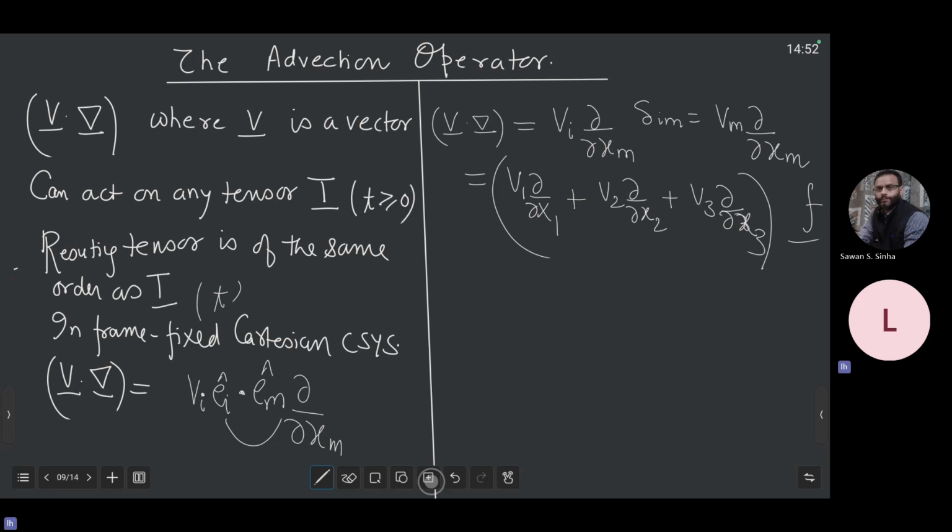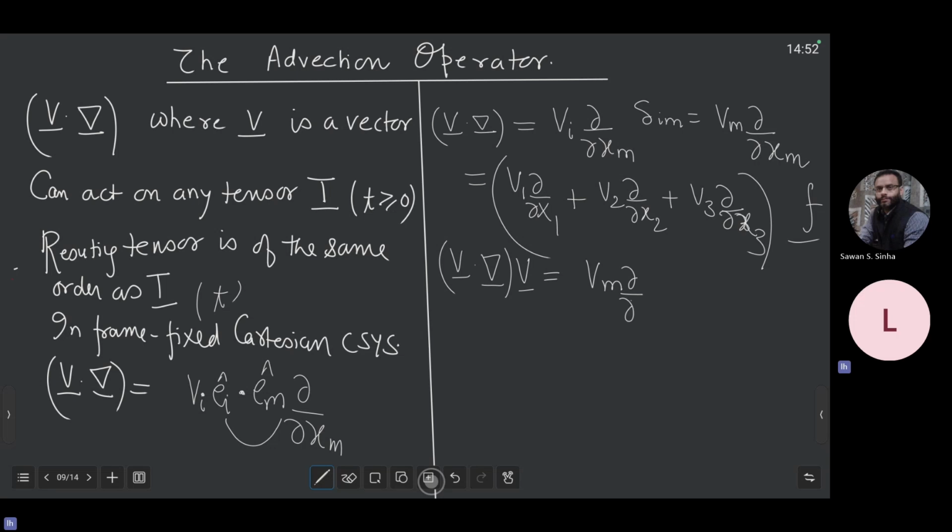Now let it act on itself. It will happen in fluid mechanics, where V will be the velocity vector and the advection operator will act on the velocity itself. What will this be? Can you simplify using index notation? V dot del, I already know what it is.